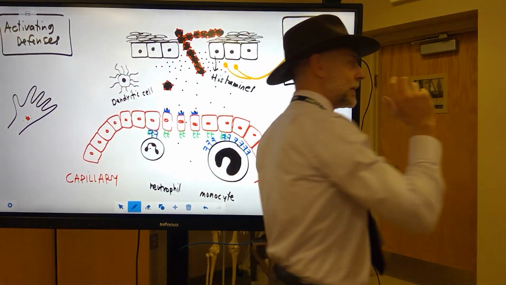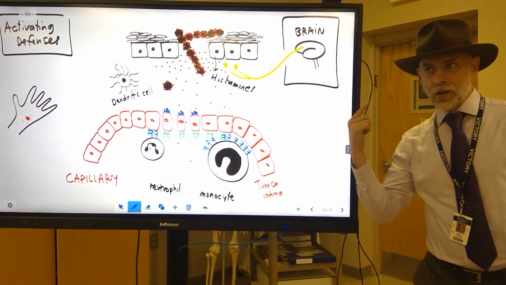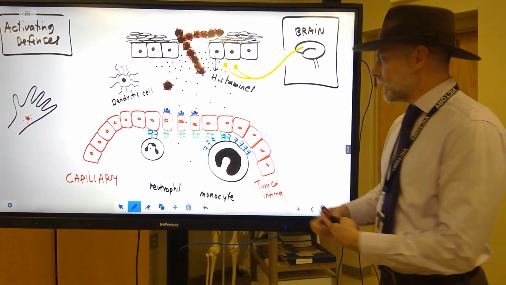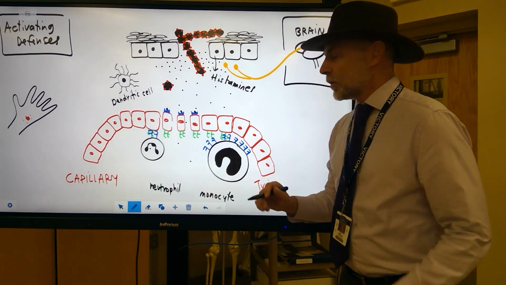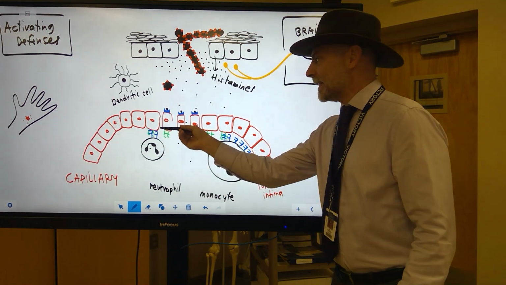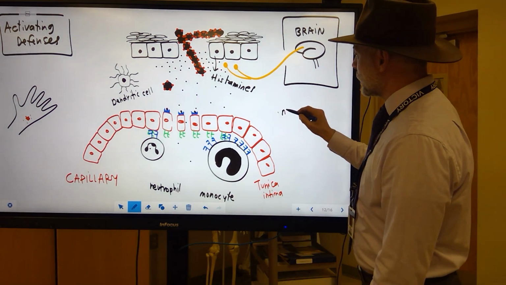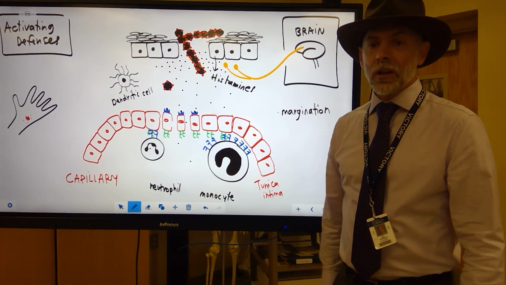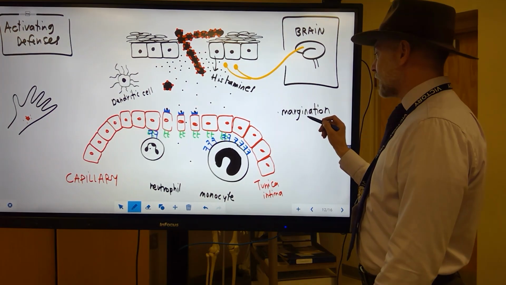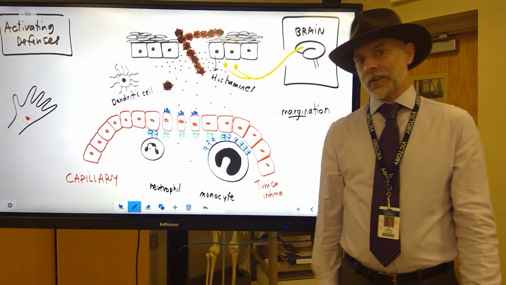And these neutrophils and monocytes are going to roll along the surface of the blood vessel. We call this process, where they roll on the inside surface of the blood vessel, margination, because they end up rolling on the margins of the capillary.